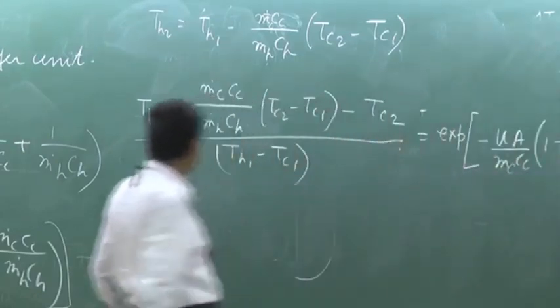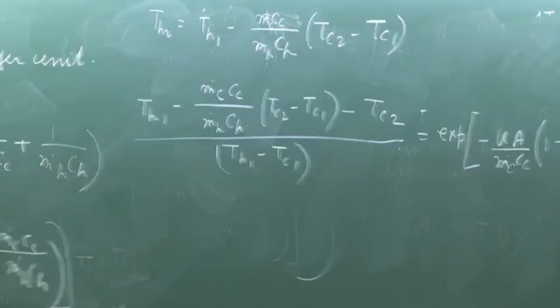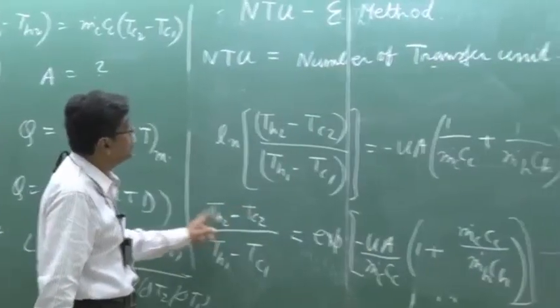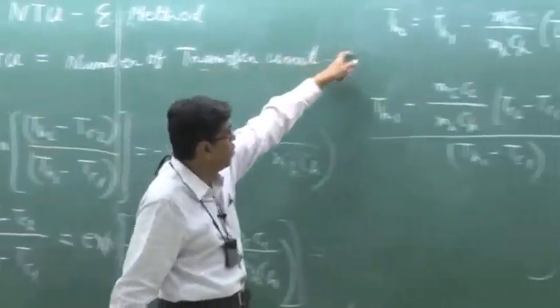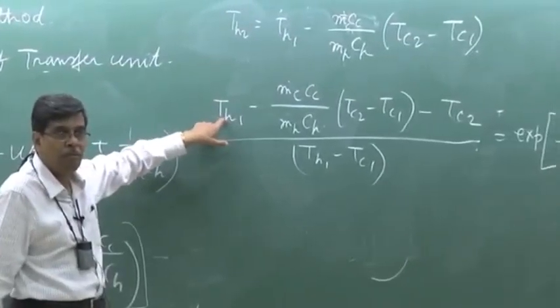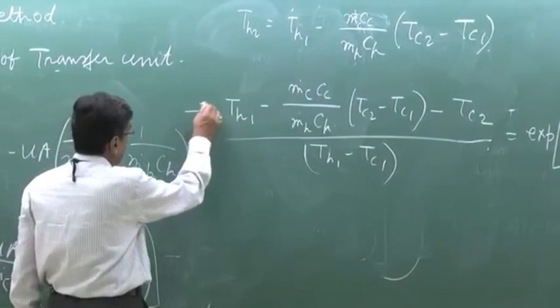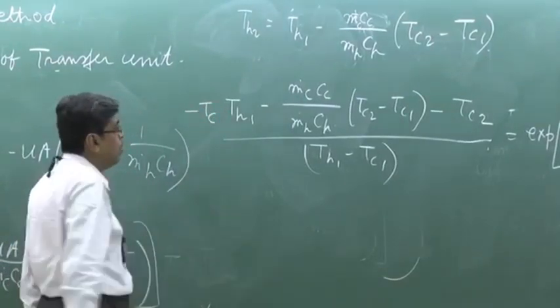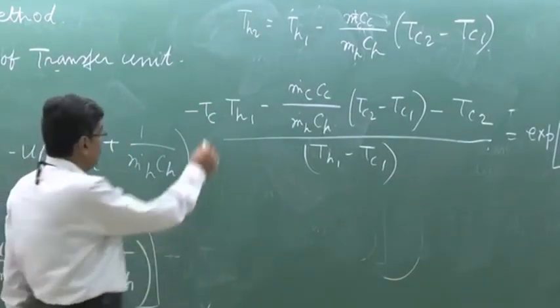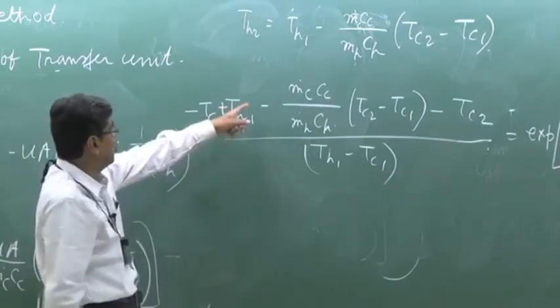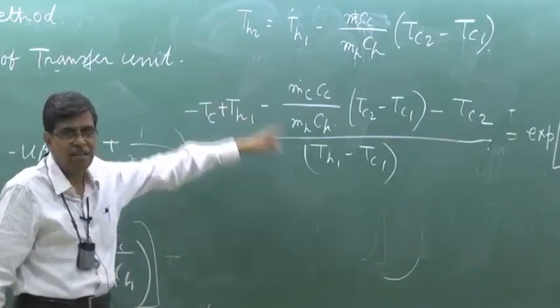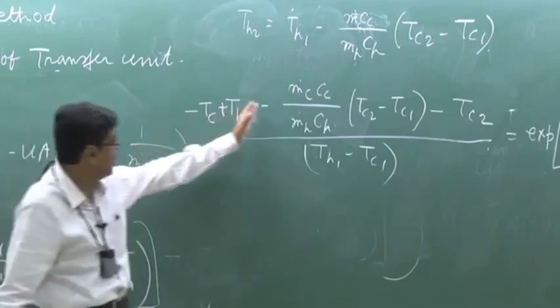So what I have done, on the left hand side, Th2 minus Tc2, I have substituted Th2 by this. Now what I do, minus Tc1, here I am writing plus, because there is no place to write that. Some teacher intelligently, tactfully gives a space.